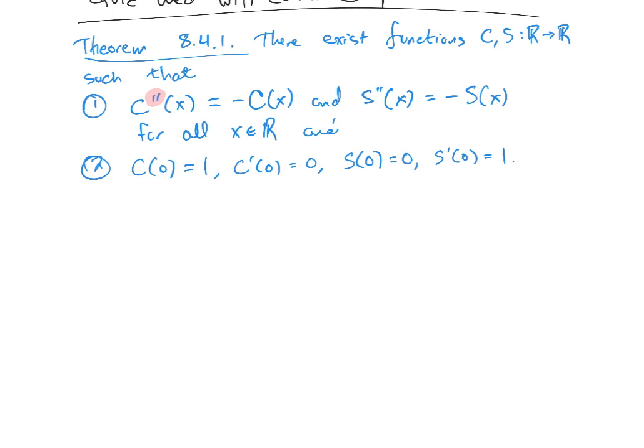We're pretending we don't know that sine and cosine exist, so we're going to develop them. We're pretending that all we know is what we know about differentiation and integration and polynomials, and we're trying to get sine and cosine out of that.